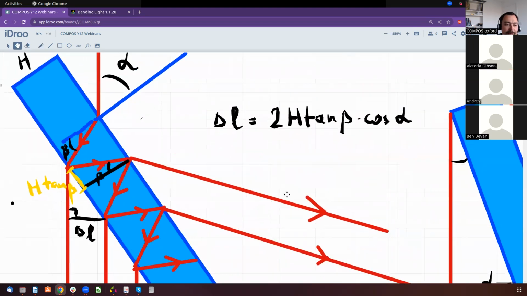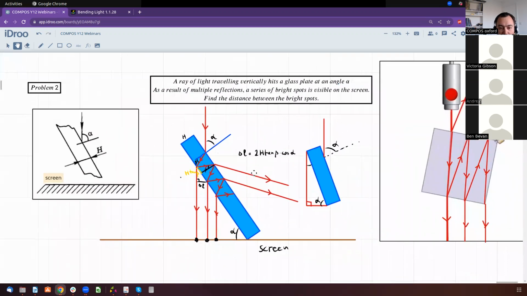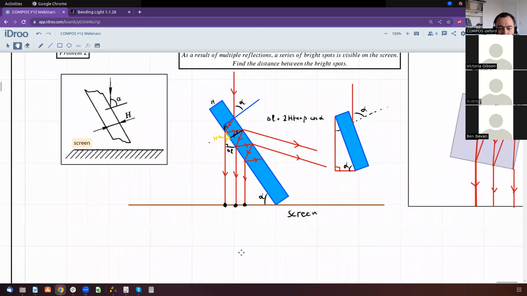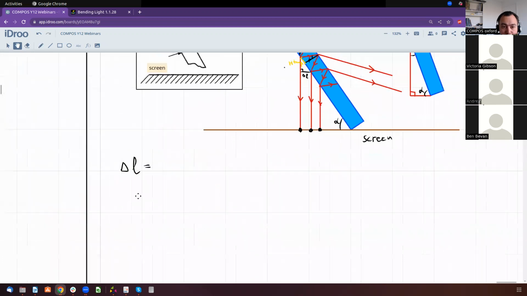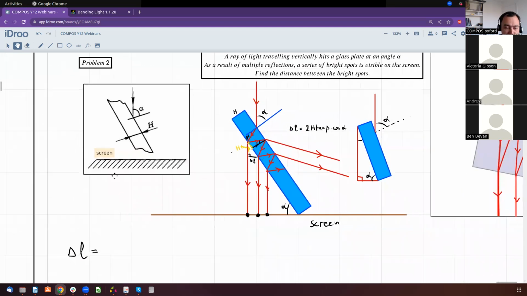For delta L, we just need to figure out tan beta, and we can work this out from alpha. I forgot to give the measurements. Well, okay, let's do the sides. 2h tan beta.